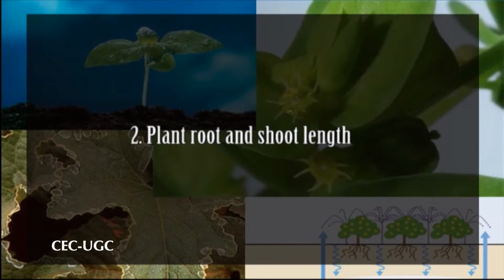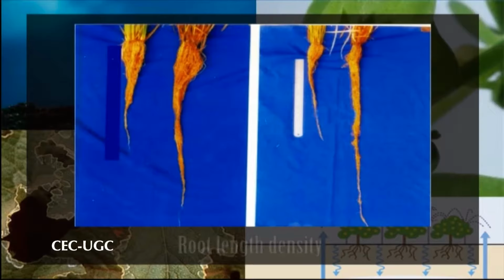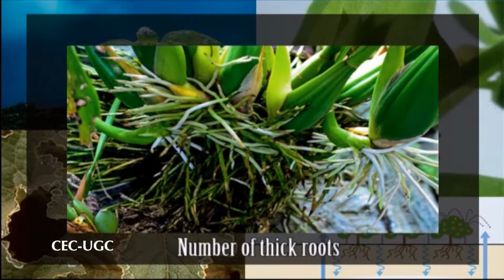Number 2. Plant root and shoot length. Root characteristics, especially root length density and the number of thick roots, are important for the plants to be able to have comparatively well-established above-ground parts by exploiting the available water.